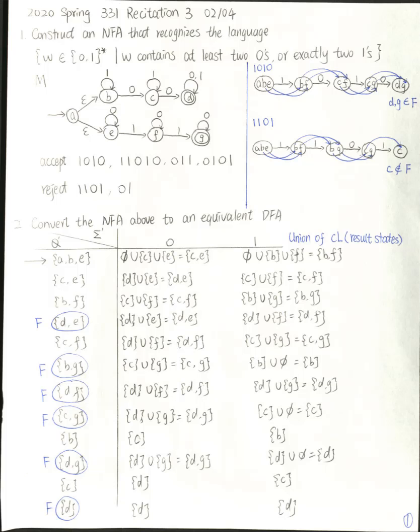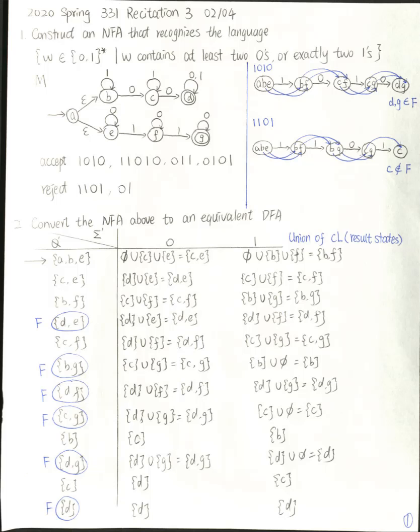Now I need to fill in the missing transitions. If I'm at E, now only the number of ones will matter. So if I read a 0 from E, I will stay at E. Similarly, if I read a 0 from F, I will stay at F. The only difference is at G. At G, I have read exactly 2 ones.